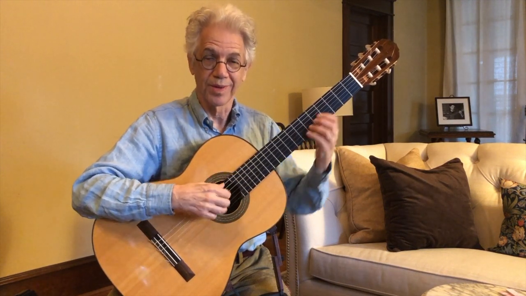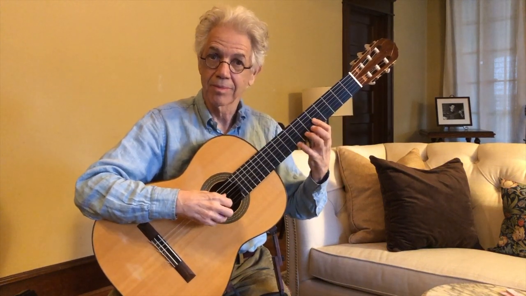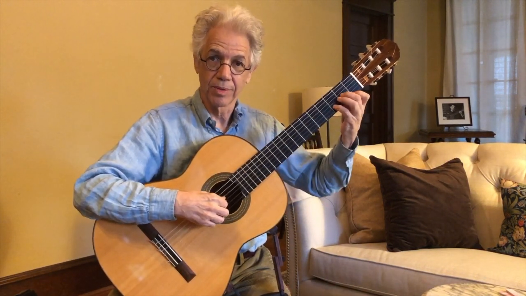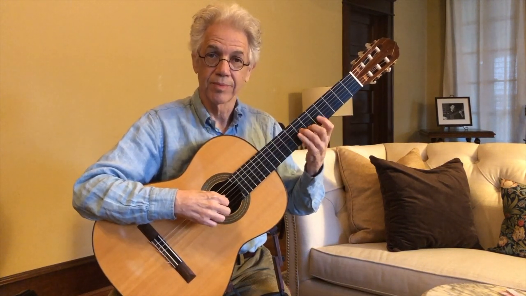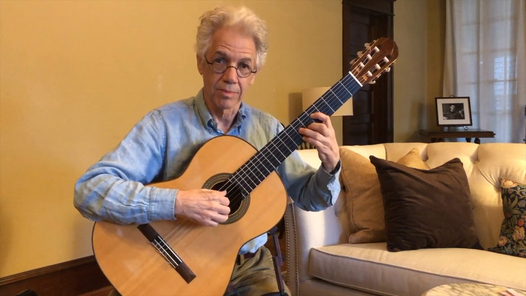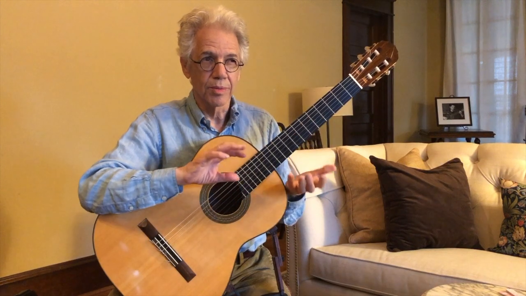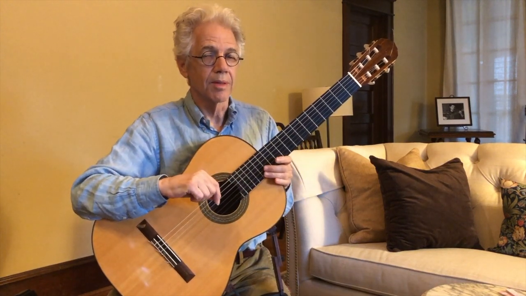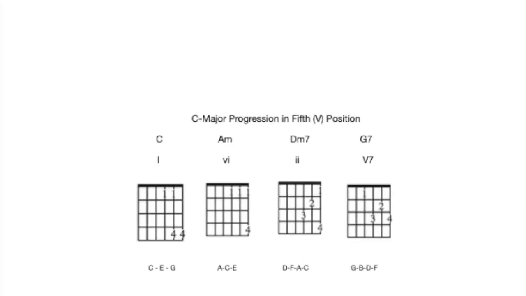A minor, D minor, G7. So knowing that and practicing that and getting that comfortable would be step 1. Take a moment to stop the video and to practice at your own pace.